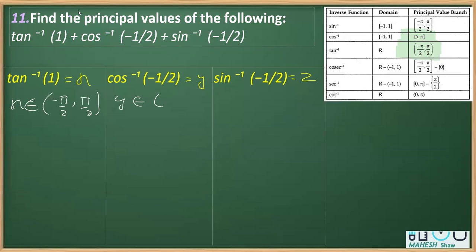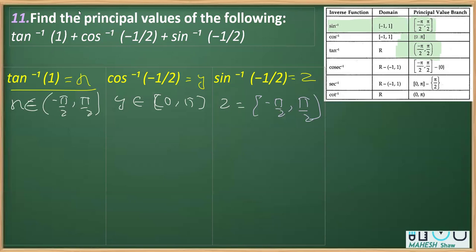And for sine inverse, the principal value branch is minus pi by 2 to pi by 2, so z belongs to minus pi by 2 to pi by 2 inclusive.